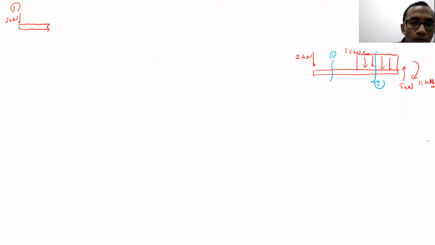Okay, and the positive is supposed to be? We have V, we have M. What is the positive for V? V downward. V downward, correct. How about M? Counterclockwise or clockwise? Remember, M is positive when it gives a smiley face. So it is counterclockwise.